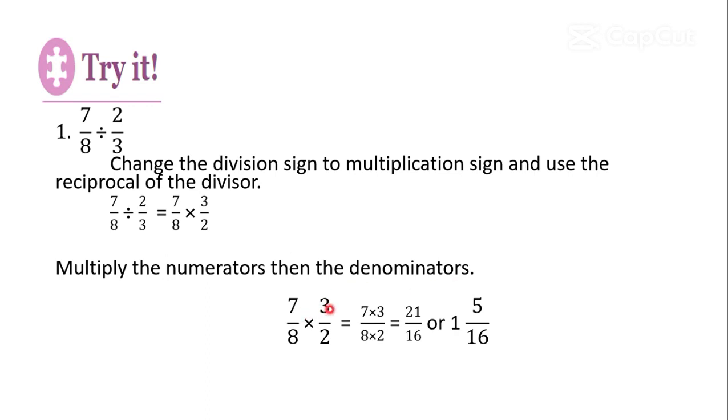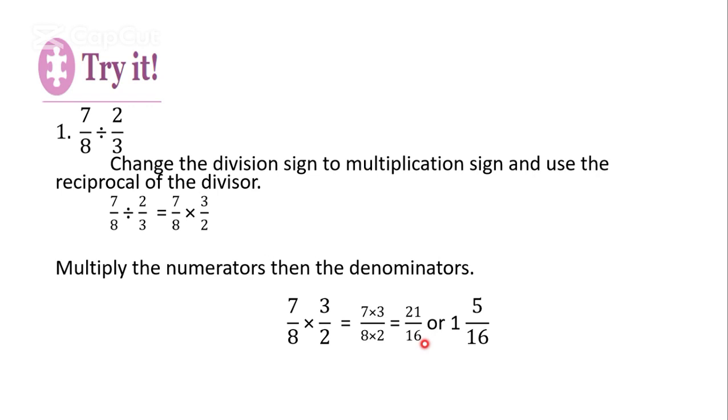Here, 7 times 3, then 8 times 2, which is equal to 21/16. Since we have here an improper fraction, 21 over 16, we need to convert it into a mixed number.